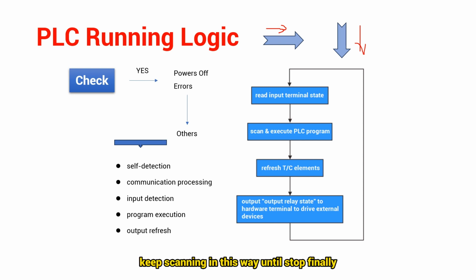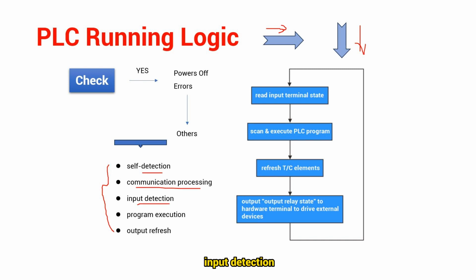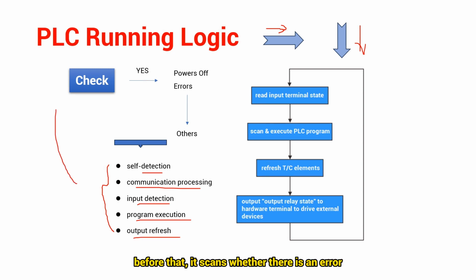Keep scanning in this way until stop finally. While PLC is running, it executes self-detection, communication processing, input detection, program execution, and output refresh. Before that, it scans whether there is an error.